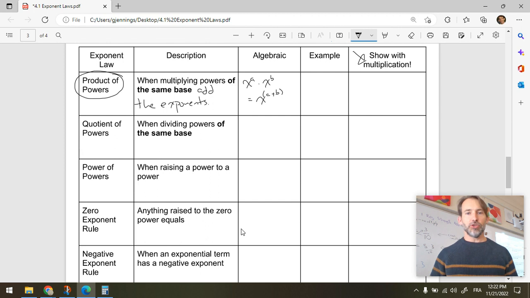If I look at 2 to the 3 multiplied by 2 squared, and I wanted to write that as a single power of 2, what would that be? Here I have the same base, 2 to the 3 multiplied by 2 to the 2.